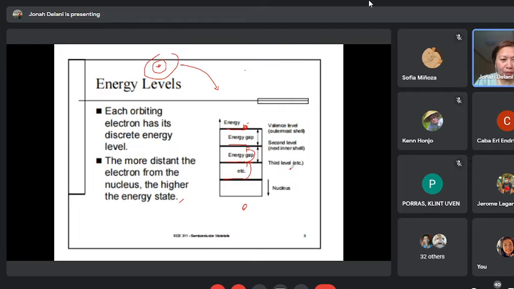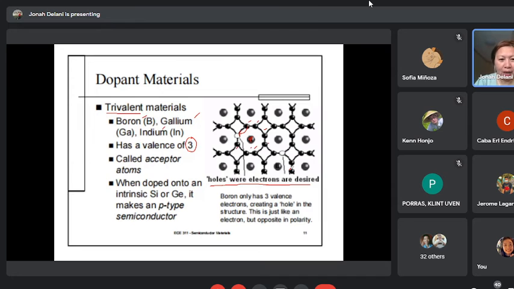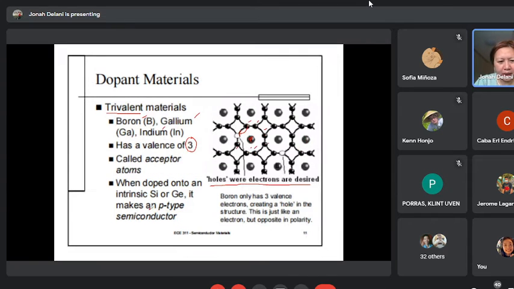So if sobra electron, N-type material, kaya sa ubos. Kung kulang electron, we have a P-type material.